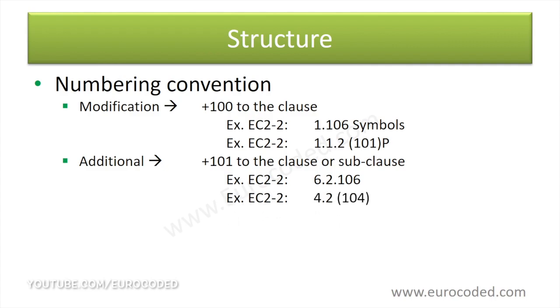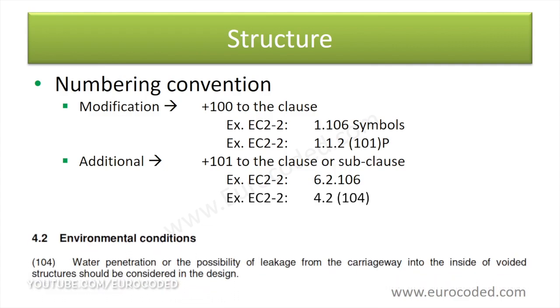Let's look at another example. In Eurocode 2 Part 1.1, section 4.2 is titled environmental conditions, and there are only 3 clauses. These clauses are numbered as 1, 2 and 3. However, under the same section in Eurocode 2 Part 2, there are additional clauses. The first additional clause is 104. The number was derived by adding 101 to the last relevant clause number of Eurocode 2 Part 1.1.